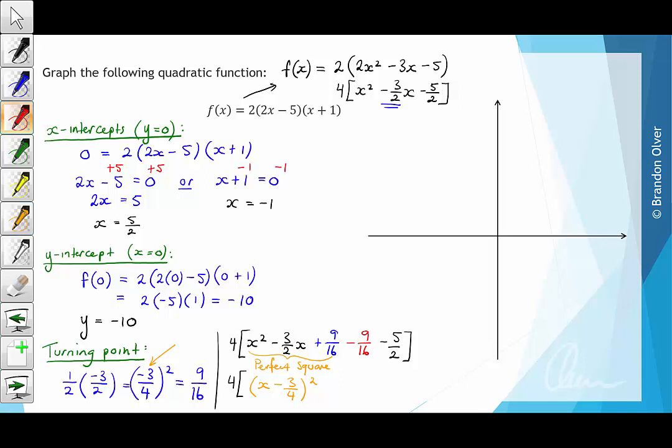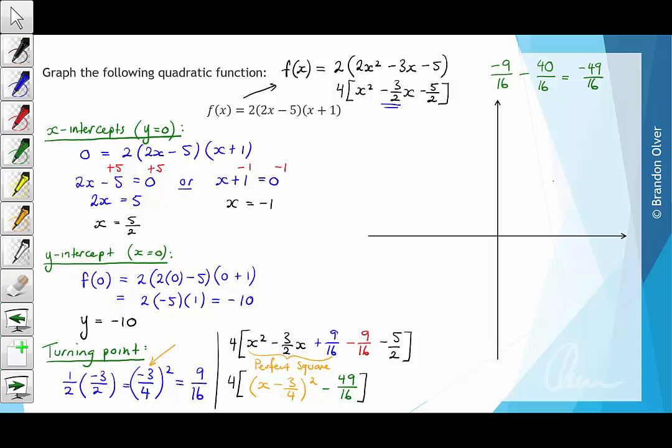So if we do a quick calculation, minus 9 on 16 and then minus 5 on 2, which is the same as minus 40 on 16, gives minus 49 on 16. So that's what we're going to put in here, minus 49 on 16.